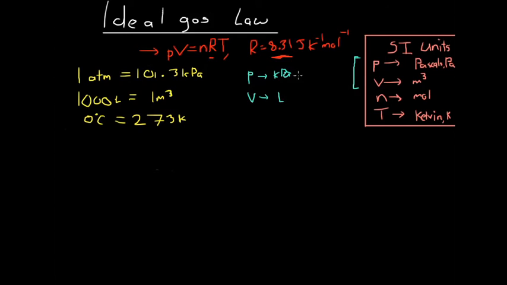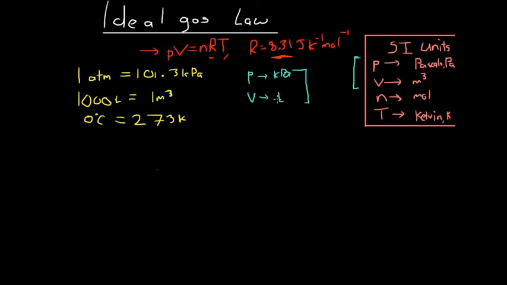Now, this is only allowed if we do both, okay? Either we have to use pressure in kilopascals and volume in liters, or we use pressure in pascals and volume in meters cubed, okay? We can't swap and change between these two sets, okay?